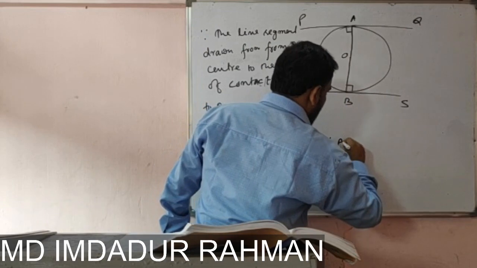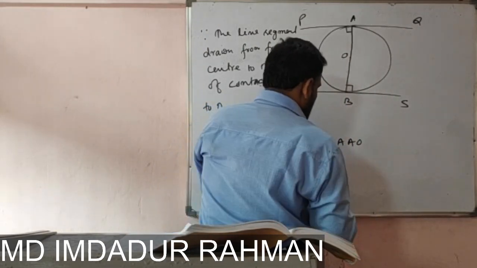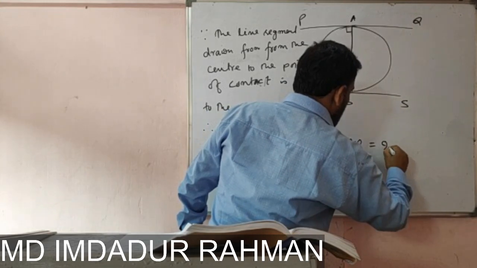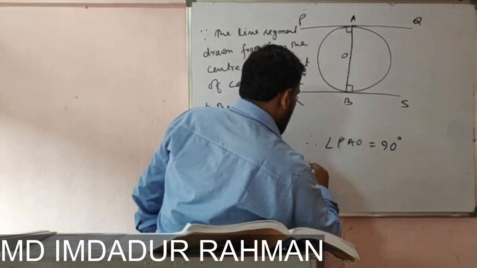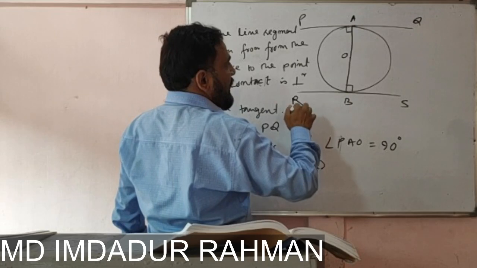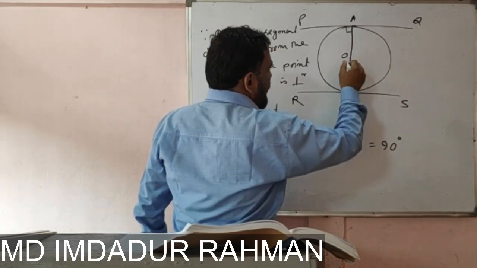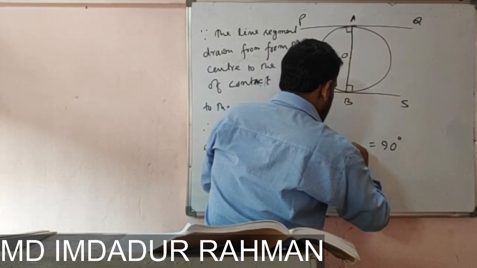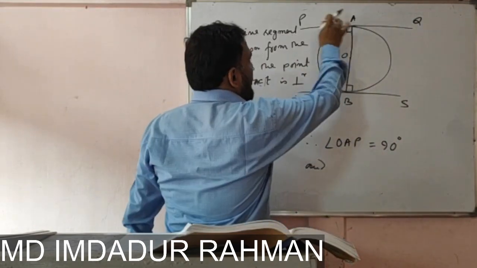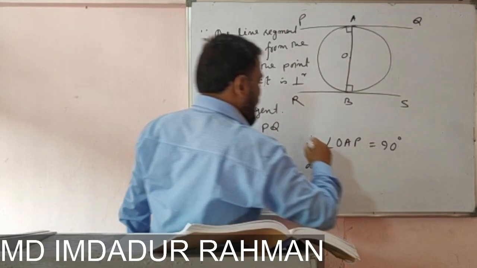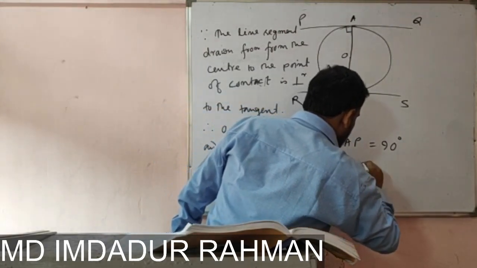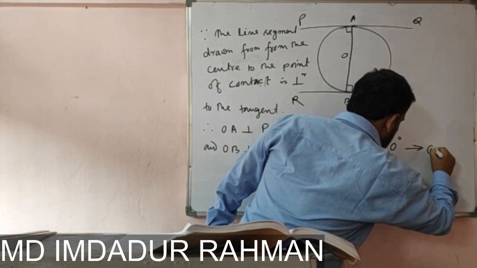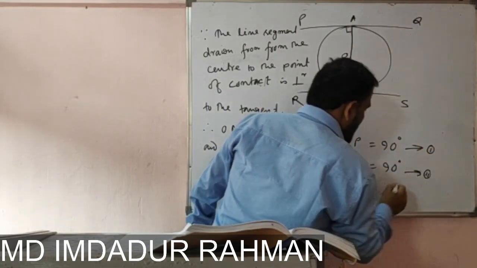Angle PAO, let it write as OAP, angle OAP is equal to 90 degrees and angle OBS is equal to 90 degrees.